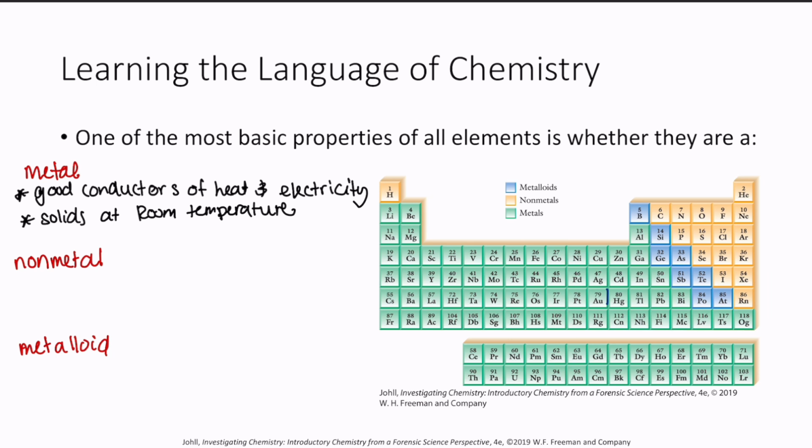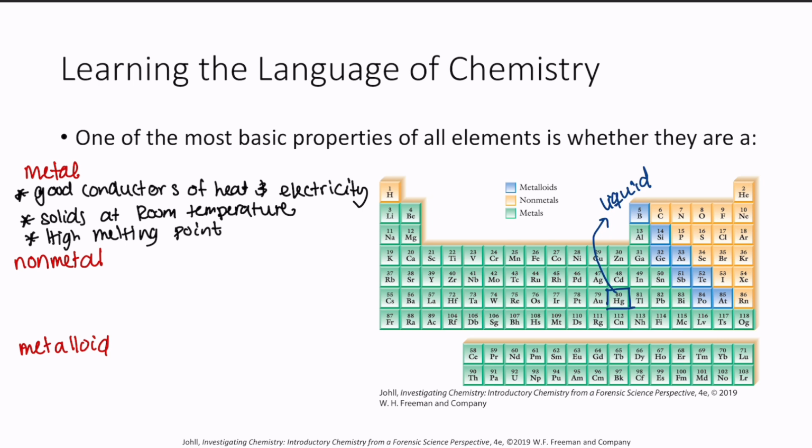Mercury, which is given the symbol Hg, is a metal that is a liquid at room temperature, but that is the only metal that is a liquid at room temperature. They also have high melting points, and a melting point is the temperature at which a solid melts and forms a liquid.